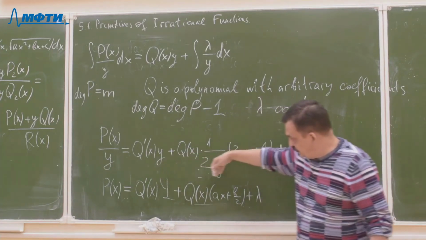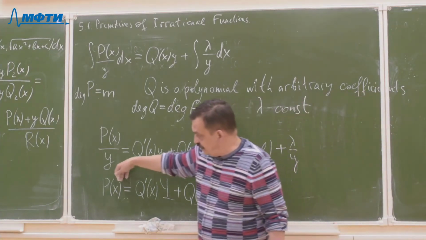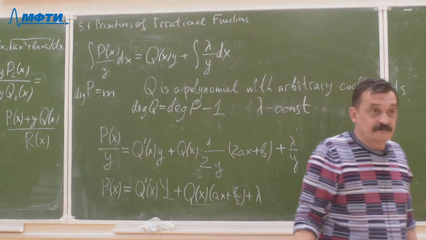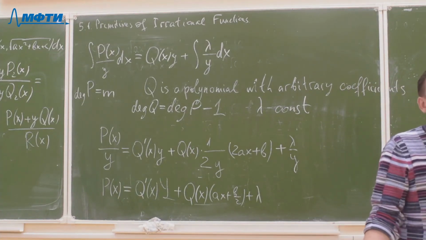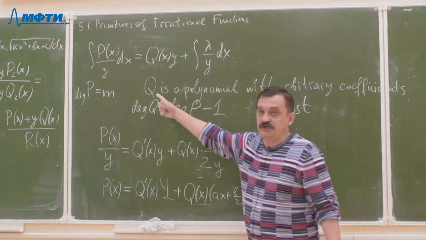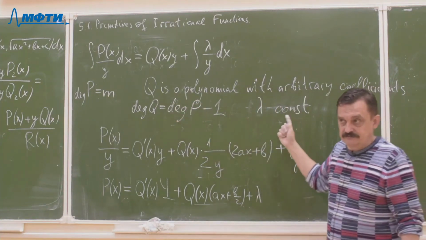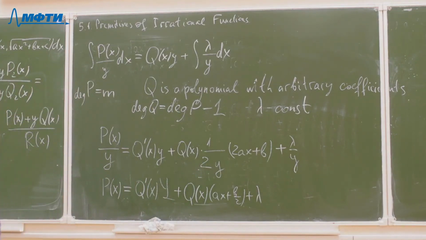So a polynomial of degree m is on the right-hand side, and a polynomial of degree m is on the left-hand side. Altogether, we have m plus 1 linear equations to find the unknown coefficients of polynomial q and lambda. Of course, I should prove that indeed that system has a unique solution, but I'll skip it.